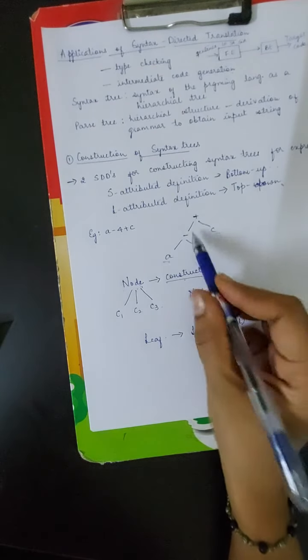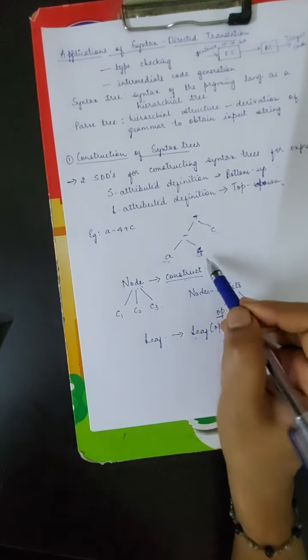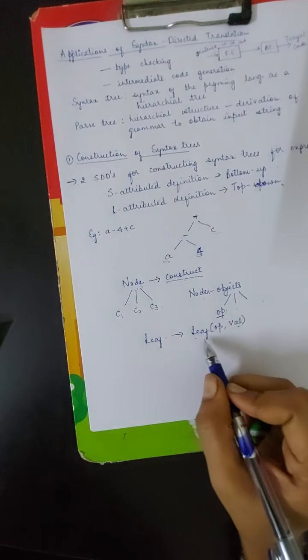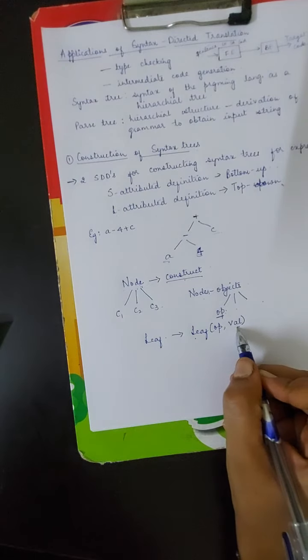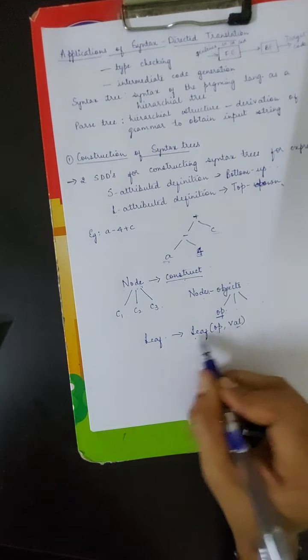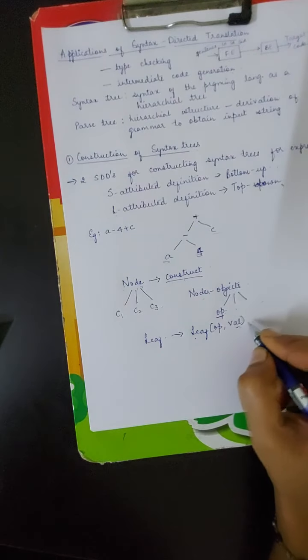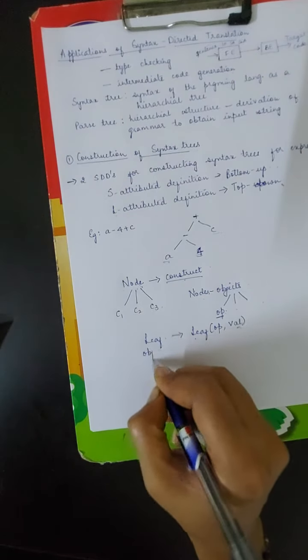Always the leaves of the syntax tree are nothing but the terminals. So they will hold the lexical value of the leaf, which is being sent by the lexical analyzer. So using this construction function, the leaf object will be created.